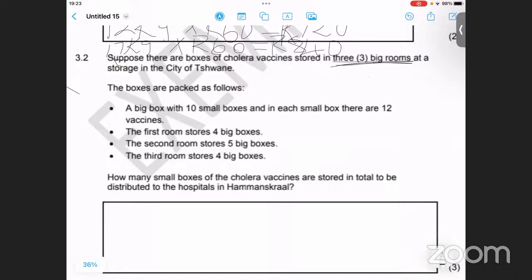Okay, they say the boxes are packed as follows. A big box with what? With 10 small boxes. So that means one big box has 10 small boxes. And in each of the small boxes, there are 12 vaccines.